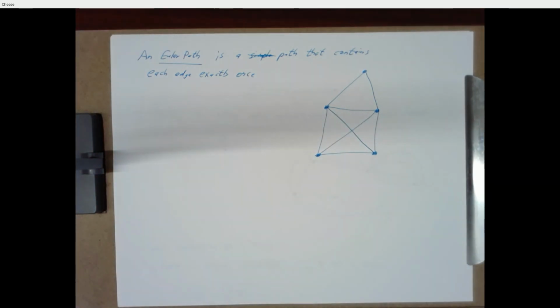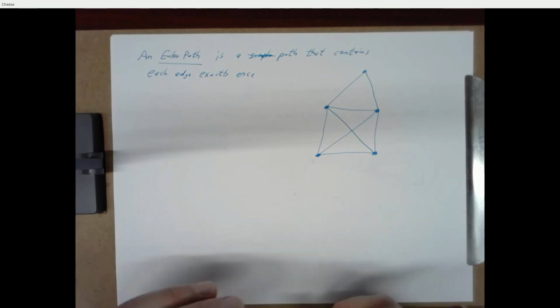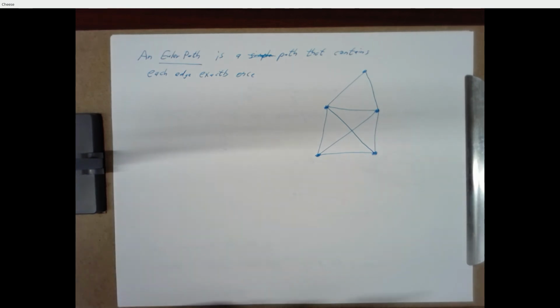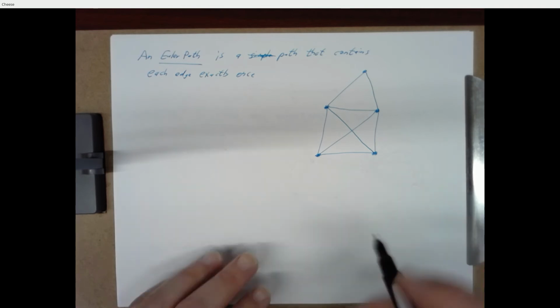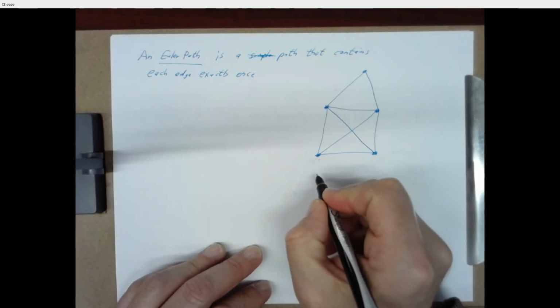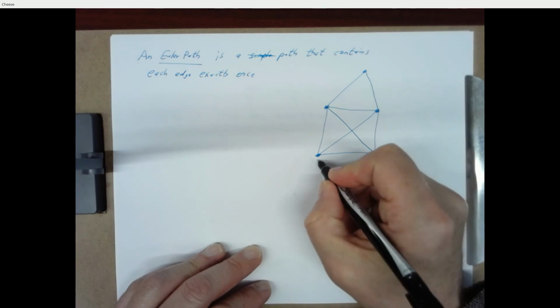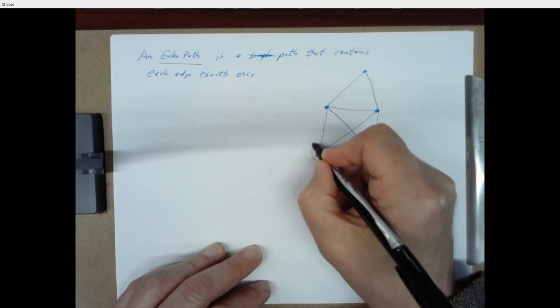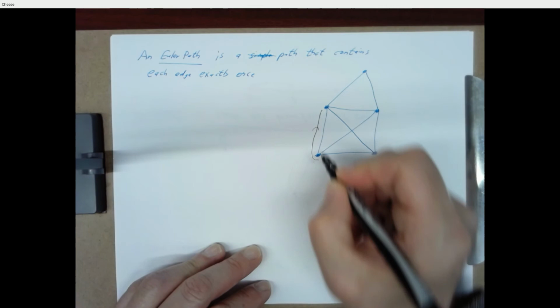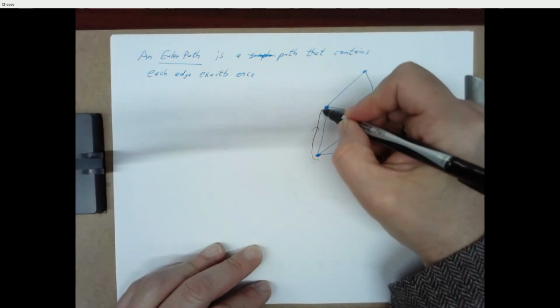So here's the classic example. So can we find a path through this graph that contains each edge exactly once? Yes. How do we do it? Where do we start? So bottom left. Okay, go up, up straight. All right, and to the top.